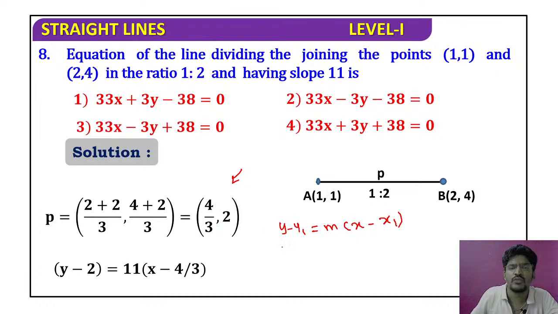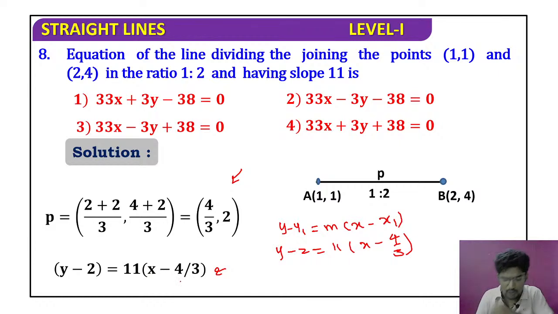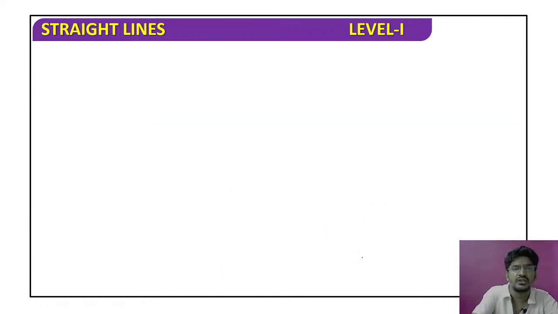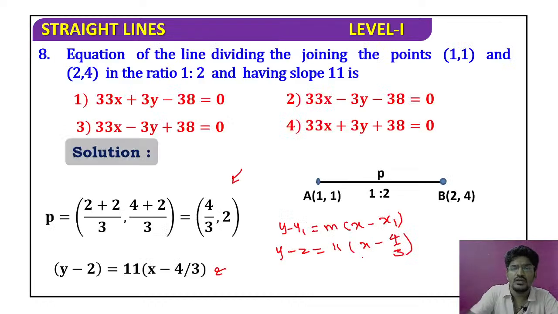The point is 4 by 3, so y1 is 2, m is 11, x1 is 4 by 3. So you got y minus 2 equal to 11 into x minus 4 by 3. Now you have to simplify this equation and you can get the answer, no problem.